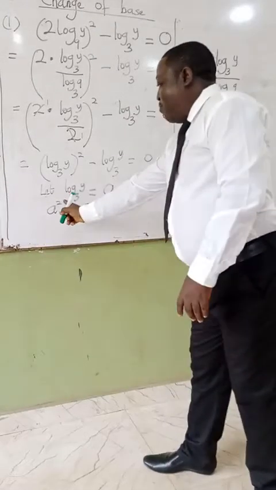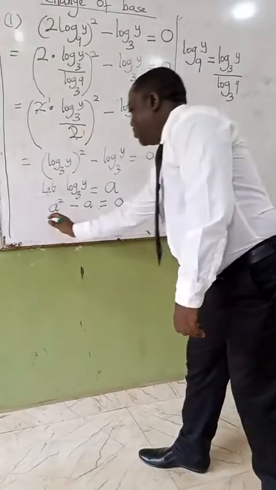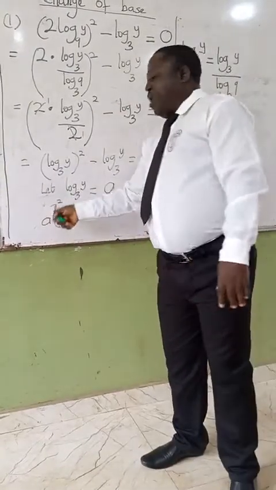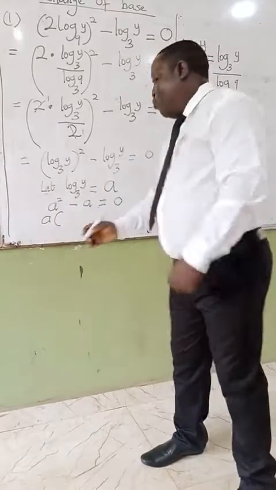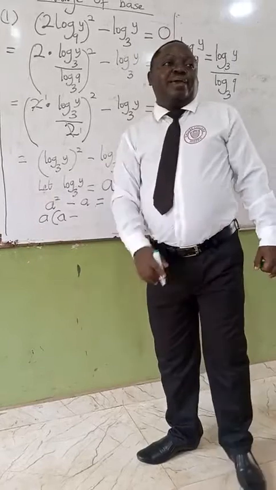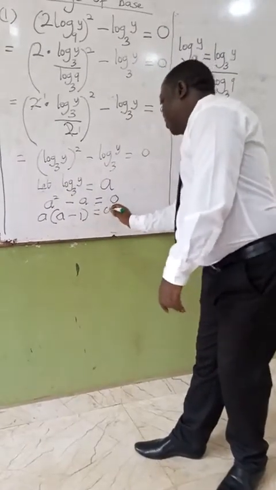What is the highest common factor of A squared and A? That is A. So you write A, open a bracket, A squared divided by A is equal to A, minus A divided by A is equal to 1, then equal to 0.